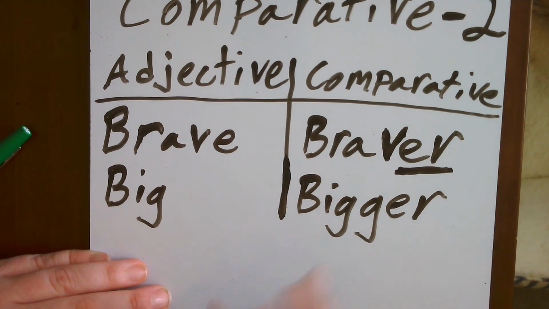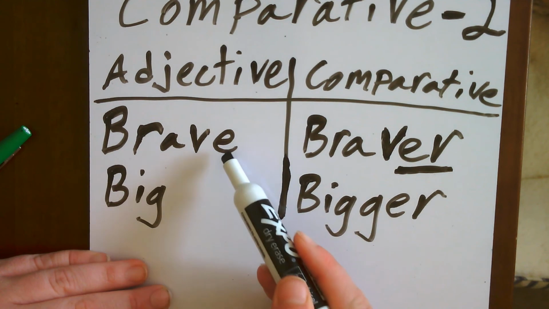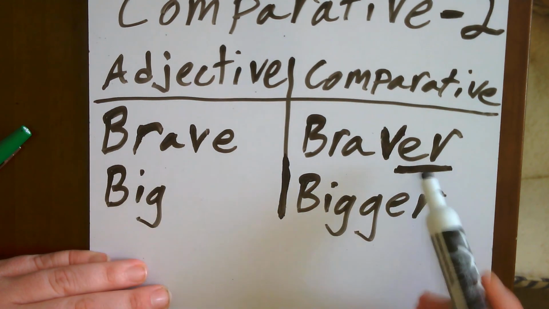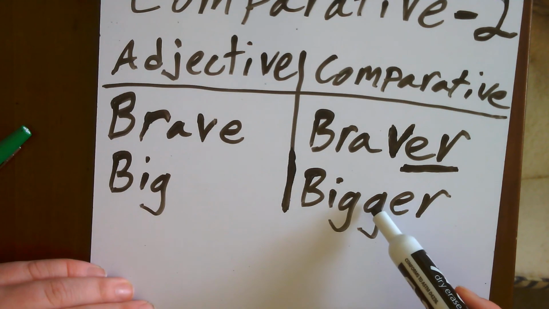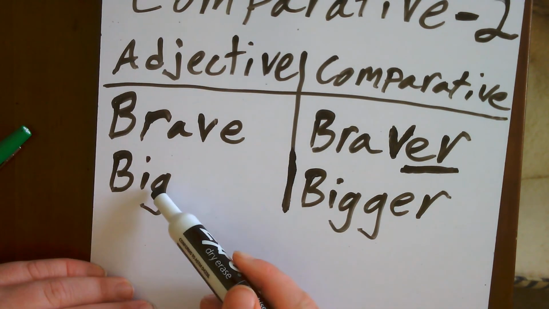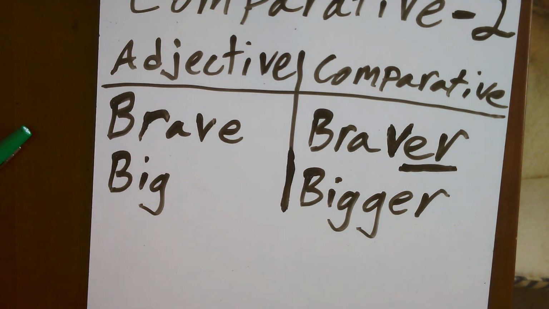So, these are the most common two ways you're going to see this happen. You're going to either add ER to the end. If there's already an E, you just add the R. Or you're going to add another consonant to the end. It has to be the same one. And then add ER.